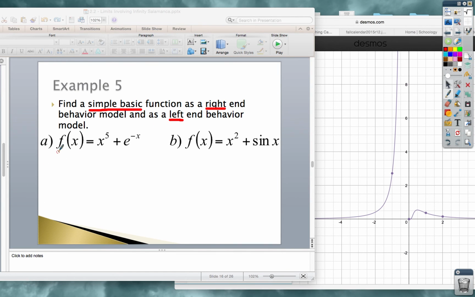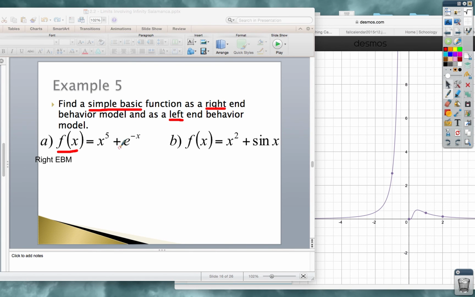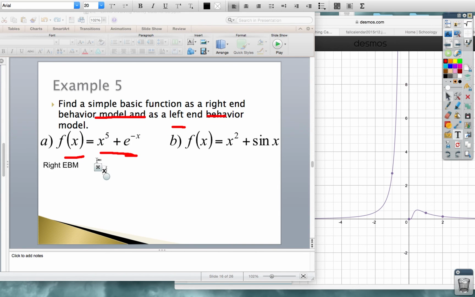Now, if we take a look at this function for f of x, if I wanted the right end behavior model, so I'm going to write EBM just to make my life a little easier. That basically means we want to isolate the right side, and when we want to get that e to the negative x by itself, we divide by the left object.